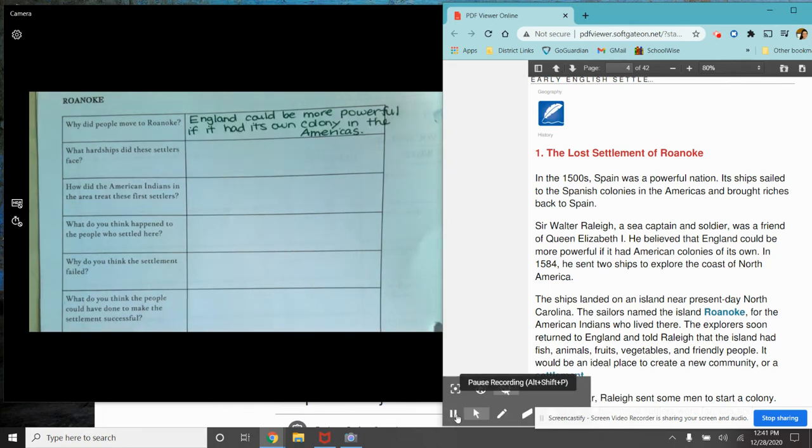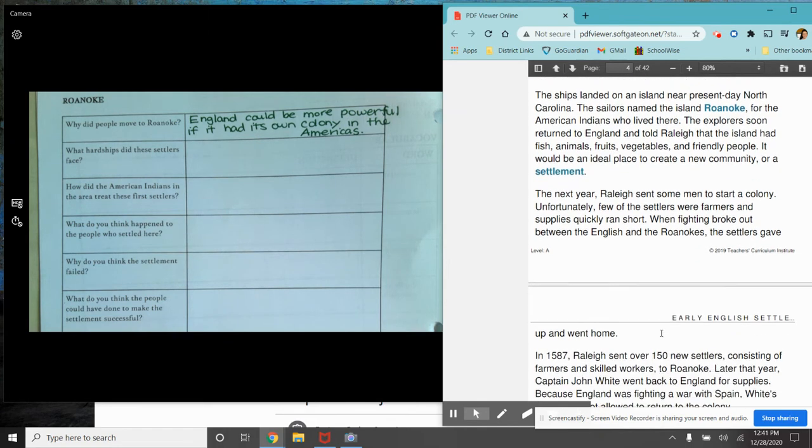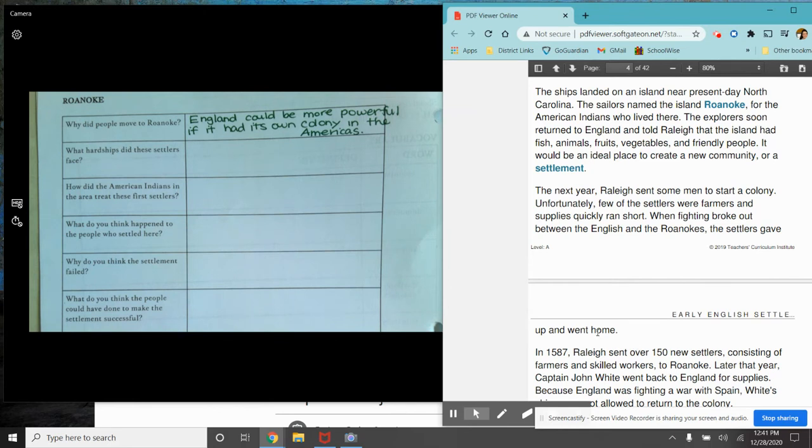Next, it said, what hardship did the settlers face? So if we scroll through, unfortunately, it's always a nice key word that something's not good. A few of the settlers were farmers and supplies quickly ran short. And they had conflicts and fighting with the English and the native Roanokes. So they had to give up and went home. So that is a hardship that was faced.